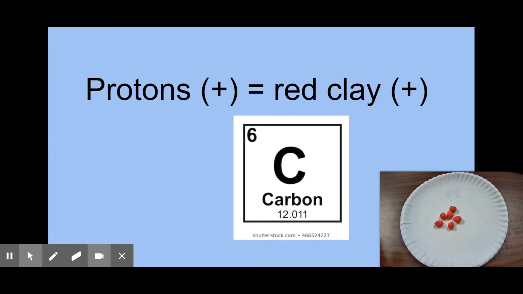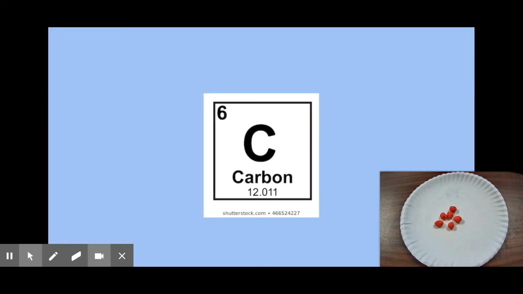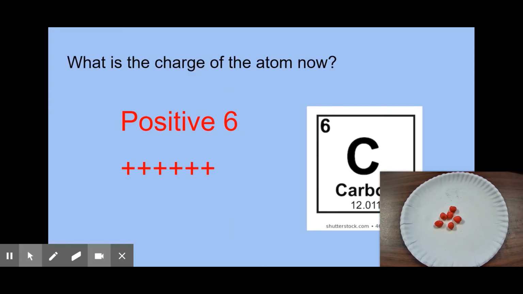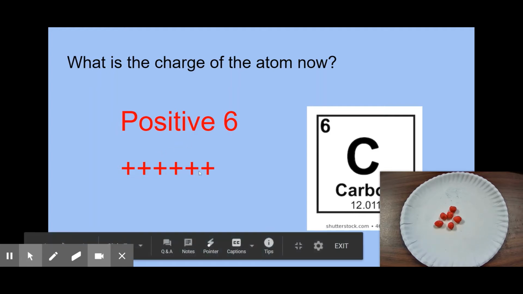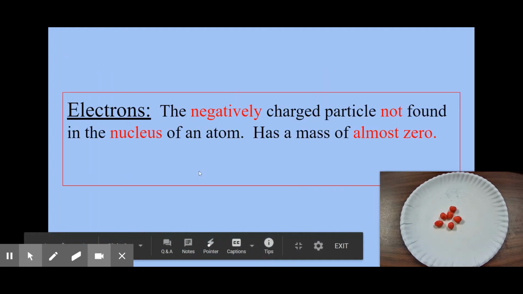So that means our atom right now would have a charge of +6. We don't want our atom to have an overall charge. We want it to be neutral, or have no charge. So right now it has a +6 charge. See all those positive charges in our atom?